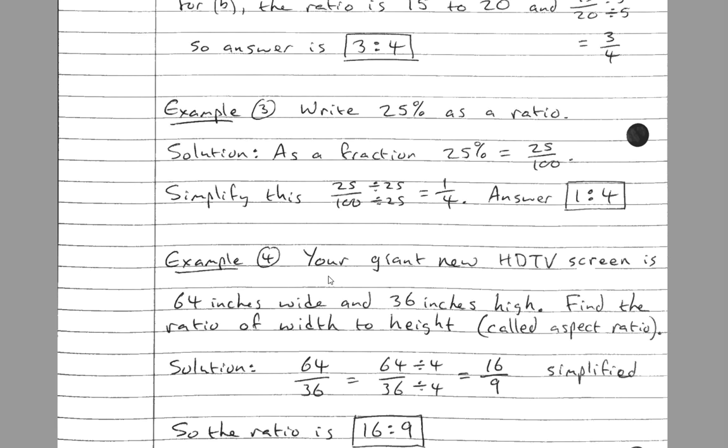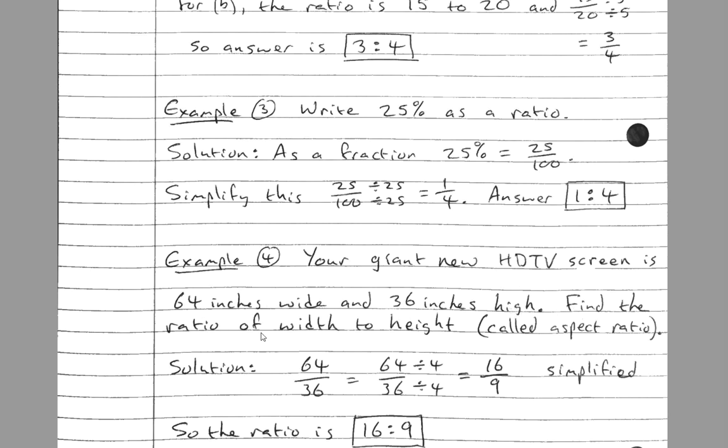Example 4, maybe. You've got a big new TV, so maybe your giant new HD TV screen is 64 inches wide and 36 inches high.